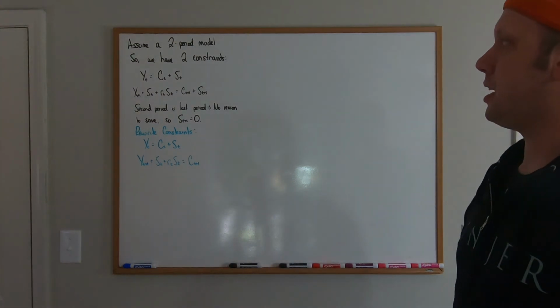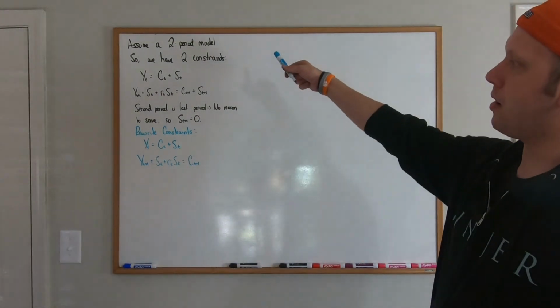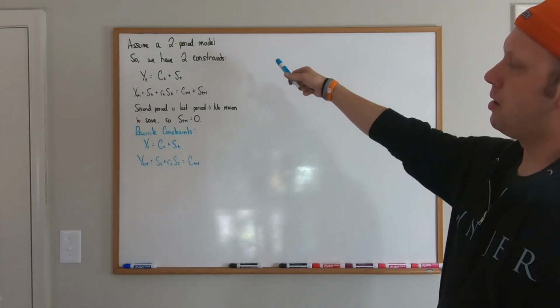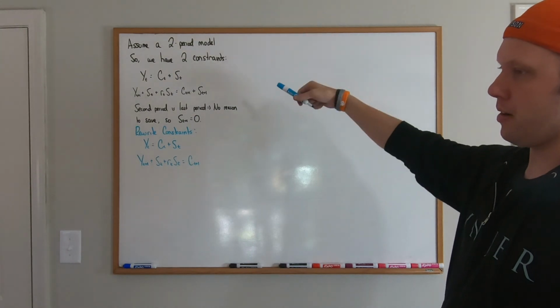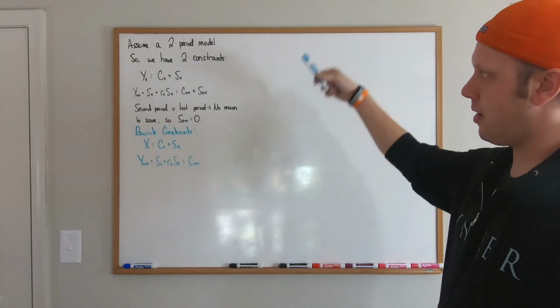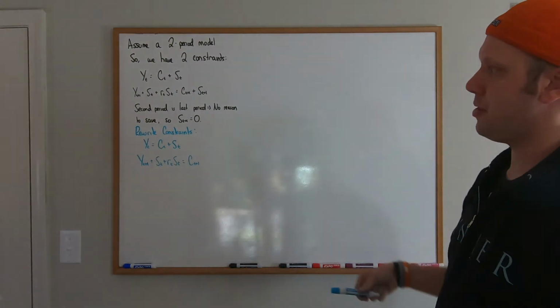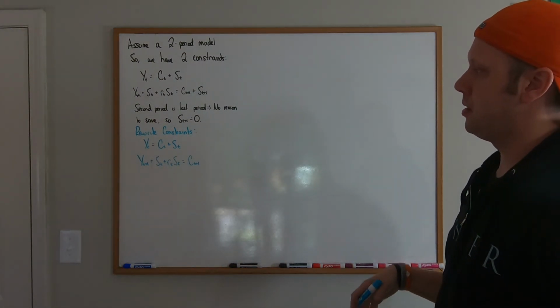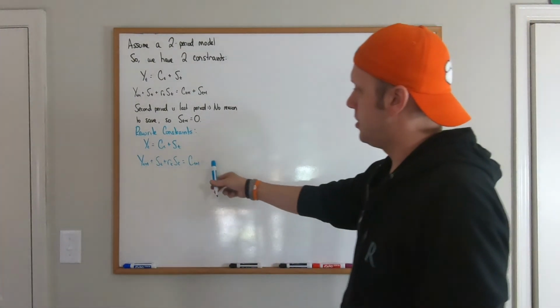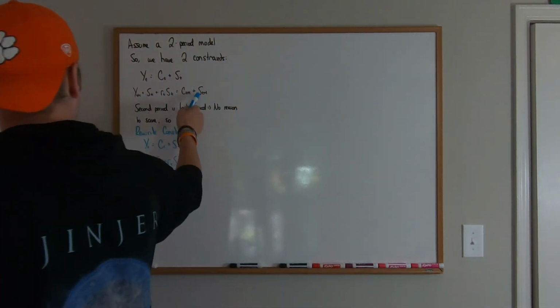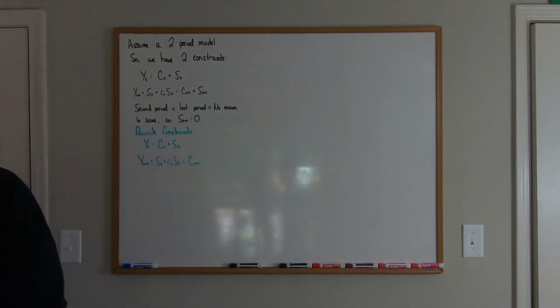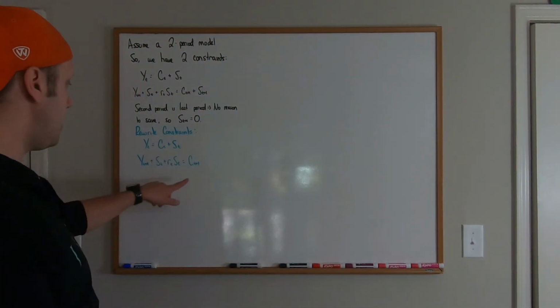So that was the first thing I said I was going to do. We were going to assume a 2-period model. So the universe exists for 2 periods. After the second period the universe ceases to exist, so I have no incentive to save. So S_{t+1}, which is here, is equal to 0. So I literally consume everything.